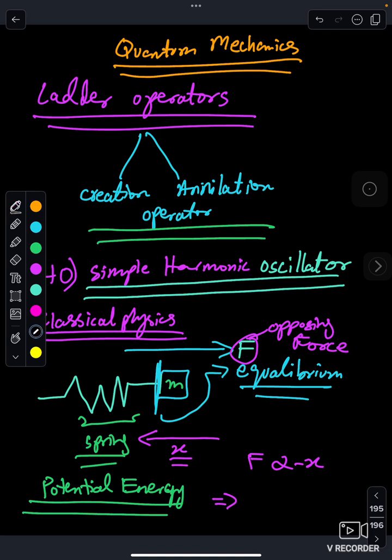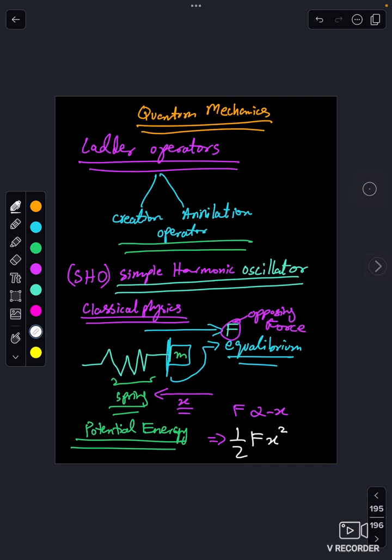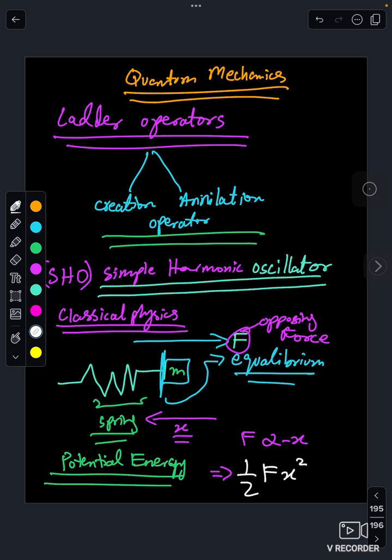It will be 1 by 2 f x square. Now fx square here is very interesting because we know that minus x is our distance moved, as I assume this minus x as force is negative. Even if I write it like fx, we still have negative, so it doesn't change anything.